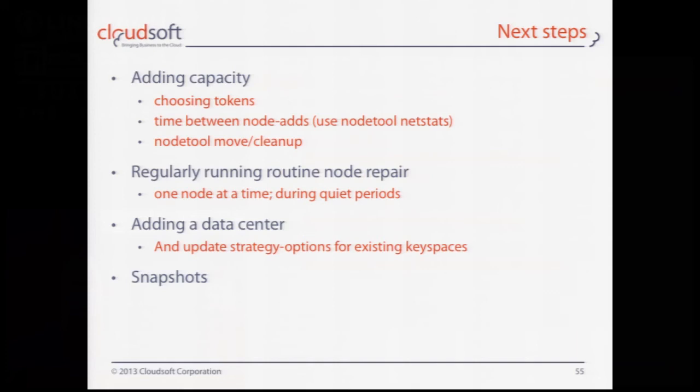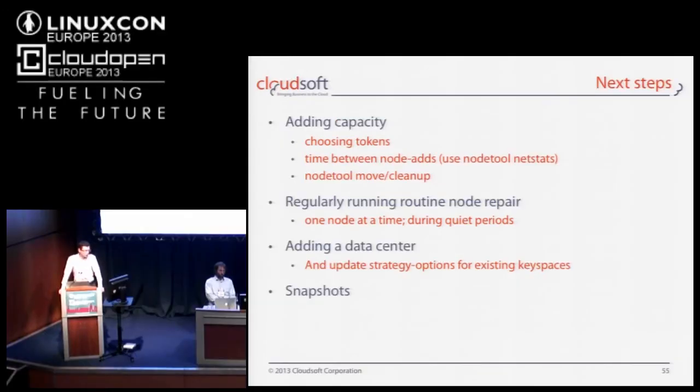So next things that we're looking at there include adding additional capacity. As you add nodes into the cluster, there are multiple different ways of doing this within Cassandra. Where it gets tricky is if you want to maintain balance across the nodes to ensure that the keys are going to be spread evenly and therefore the load is going to be roughly even. So how do you choose the tokens to use?